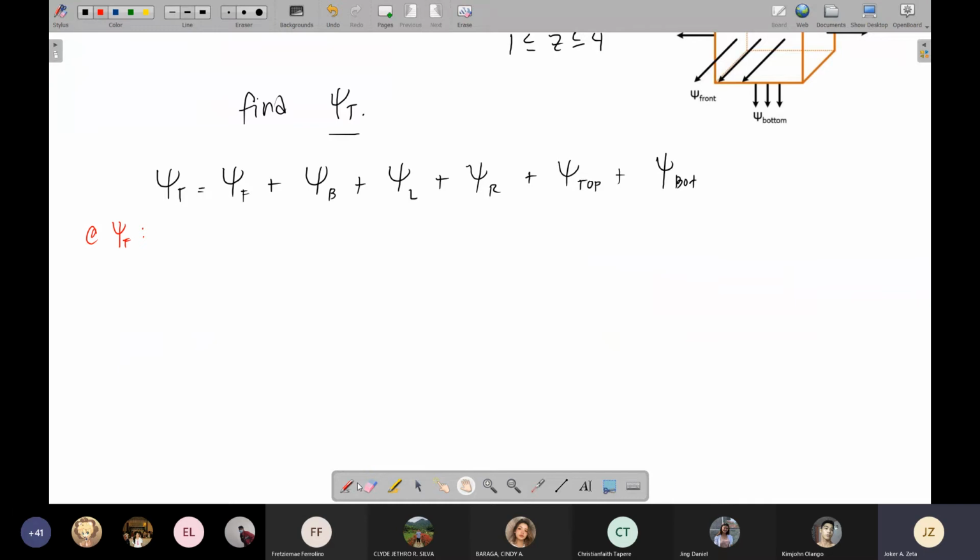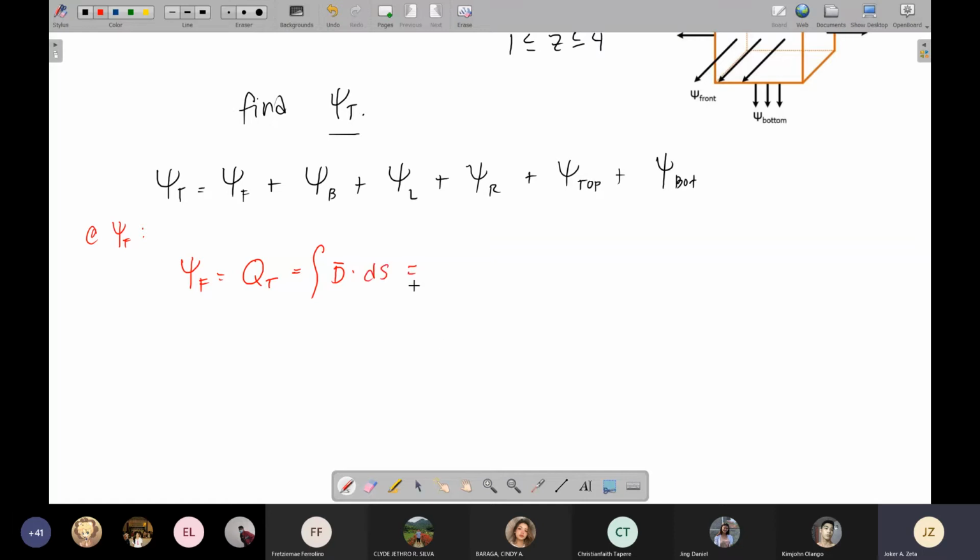So first, the flux at the front. Again, the flux at the front is just equal to the total charge. This time we're not going to use surface charge density times differential area, because we have a definite form. Therefore, we use the electric flux density times the differential surface.